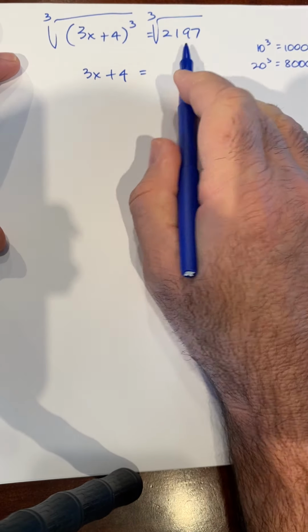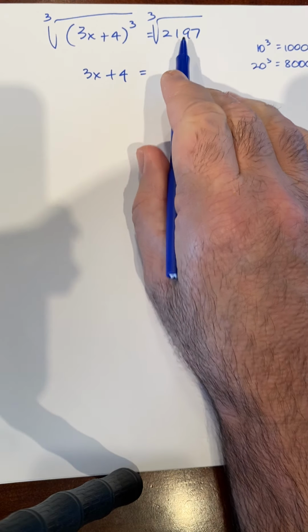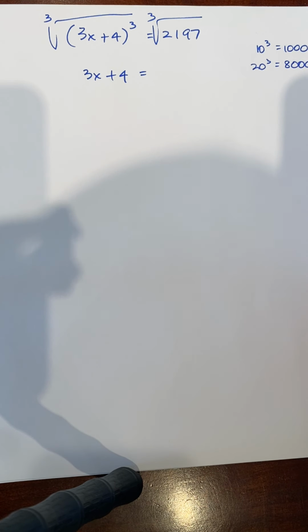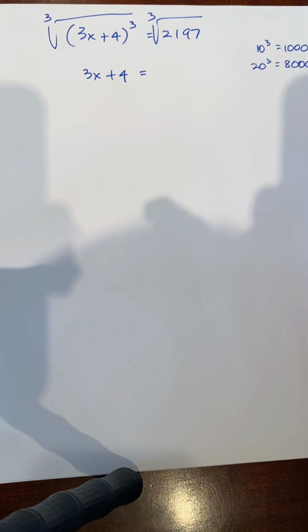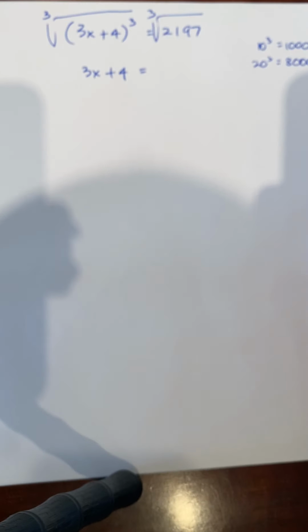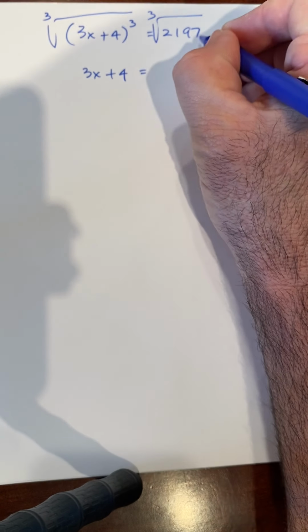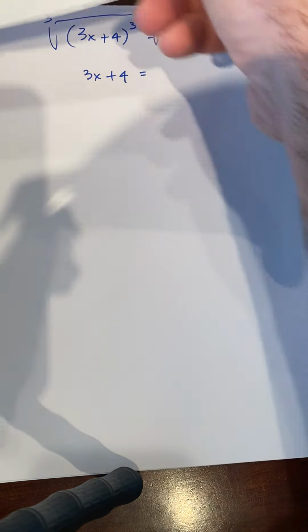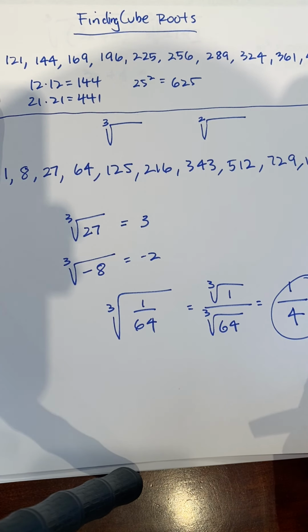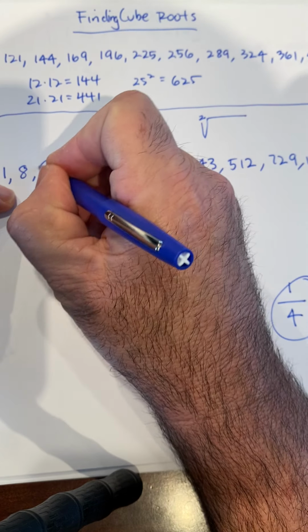So I know that this number, assuming it's a perfect cube, the cube root of 2,197, is between 10 and 20. Now I want to key in on this last digit. And I want to think of the perfect cubes. Here's our perfect cubes. Which one ends in 7? This one does.